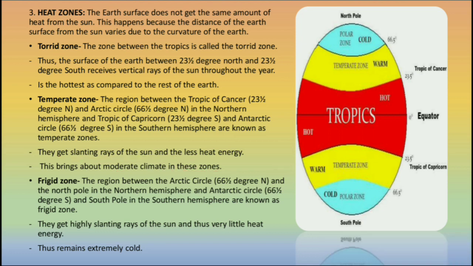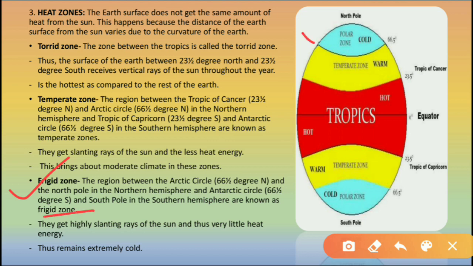Right, moving to the next, that is the frigid zone. See the explanation: the region between the Arctic Circle, 66.5 degree north, and the North Pole in the northern hemisphere, and the Antarctic Circle, 66.5 degree south, and the South Pole in the southern hemisphere are known as the frigid zone. So students, which zone is known as the frigid zone?